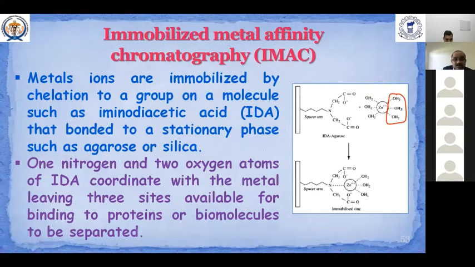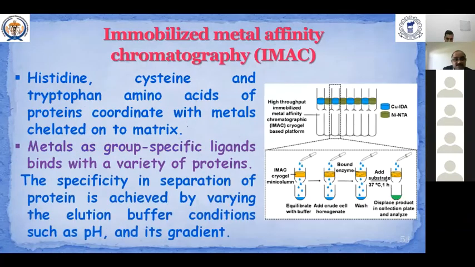So proteins having histidine, cysteine, and tryptophan amino acids can make a coordinate complex with the metal ions, and they are chelated and bind to the matrix.